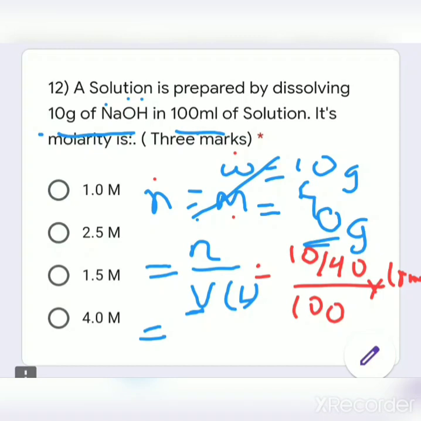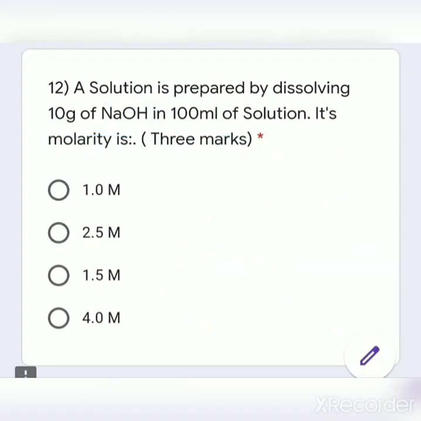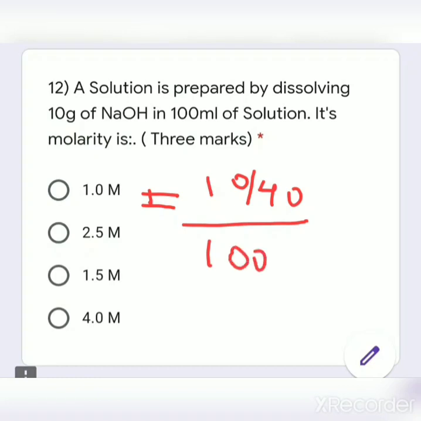So the molarity is equal to the given mass by molar mass, that is the number of moles, as we have done here: 10 by 40 divided by the volume of solution, 100, and because it is given in ml, we use 1000. When you solve this, you will get 2.5 M.